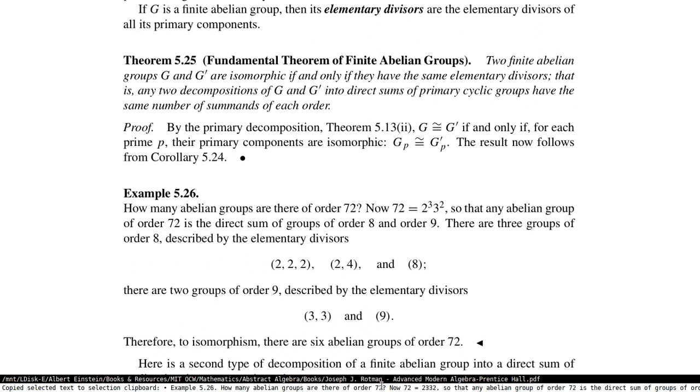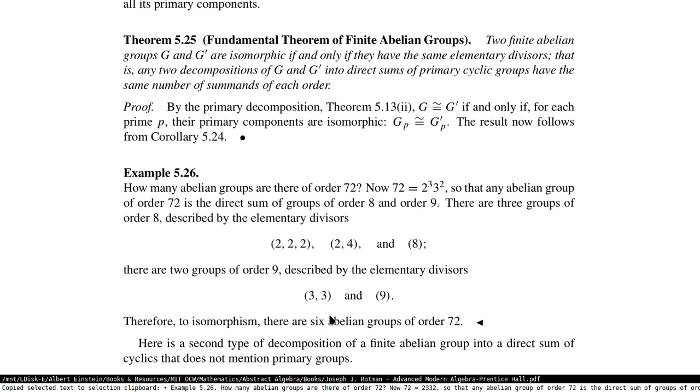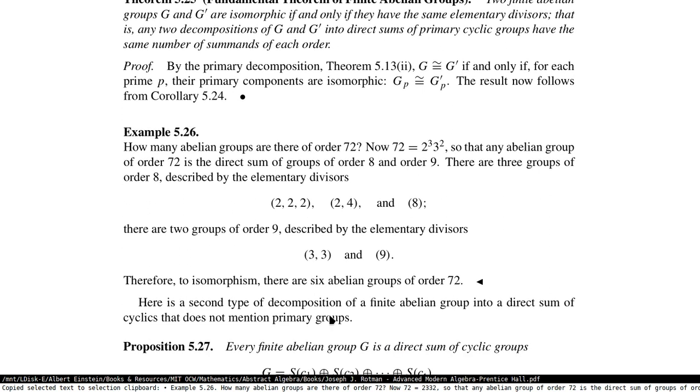Therefore, up to isomorphism, there are 6 abelian groups of order 72. I guess I get the idea.